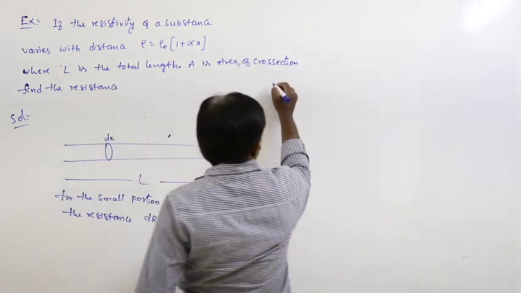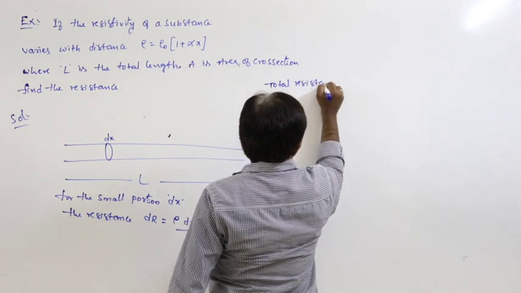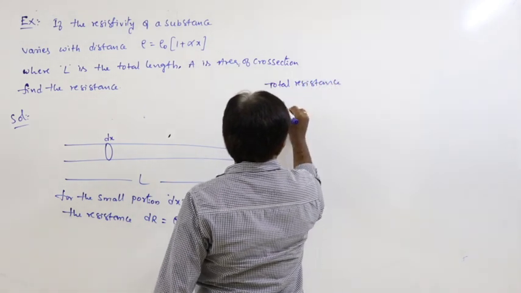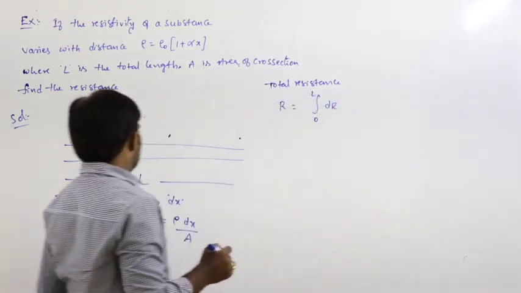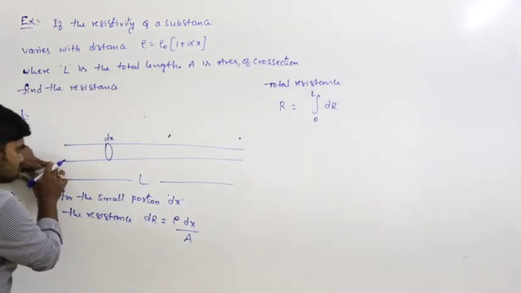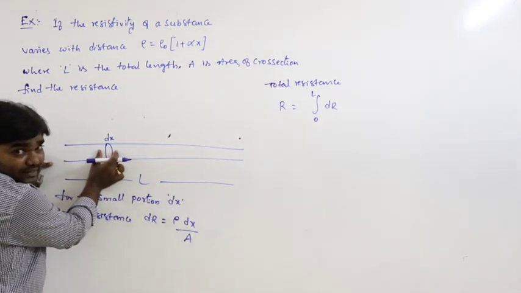Now the total resistance R can be written as the integral of dR. So length varies from 0 to L, from this position to this position. Here I am considering this small portion of length dx.